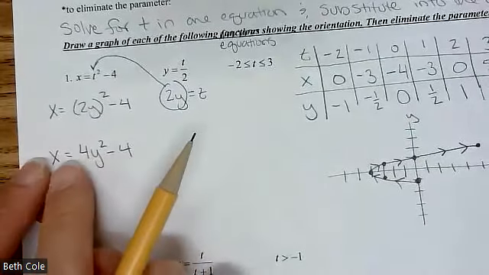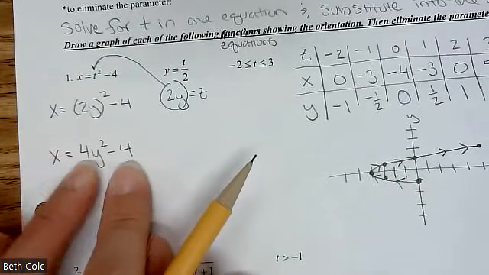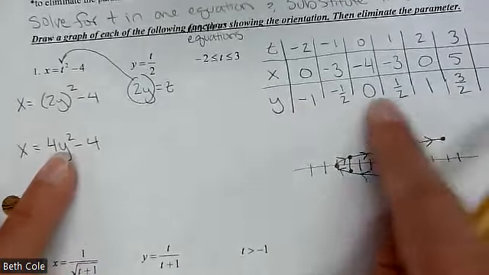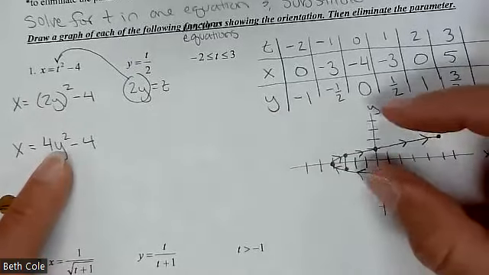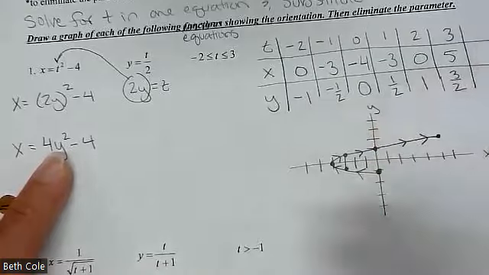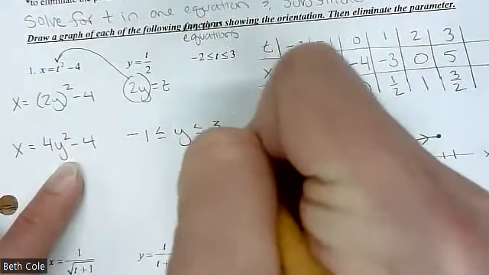And because it's x in terms of y, do you see how we got an x equals and then a y over here? You want to write what your y values stayed in between. So our y values stayed in between -1 and 3/2. Do you see that there? So you're going to say that y stays in between -1 and 3/2.